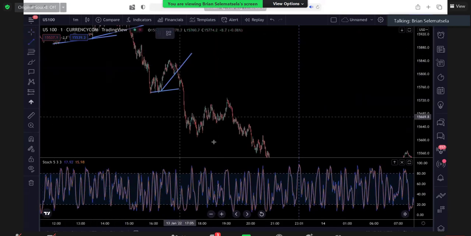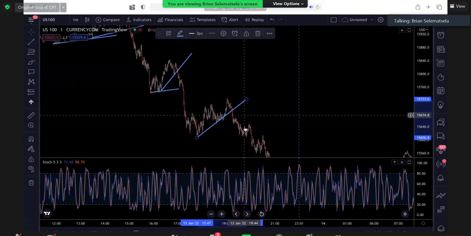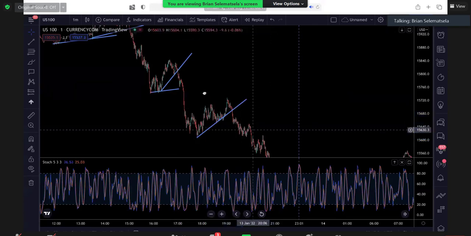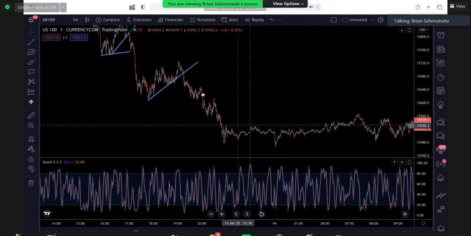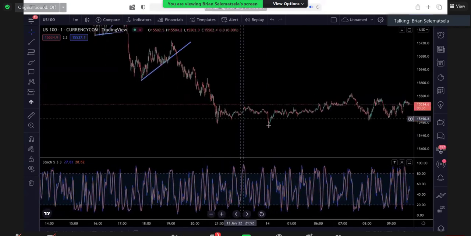And you find sometimes when you're drawing the footprint, the market just breaks even the footprint that you drew without even forming the first layer. It is fine. It's not a problem. It shows that the market is in a rush. So you just need to hop in very quickly.